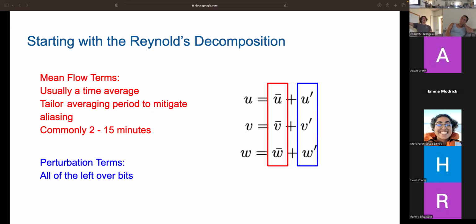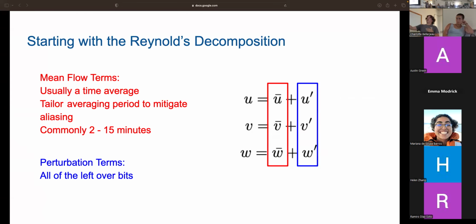So Reynolds decomposition. Again, we get a velocity estimate in our U, V, W coordinates. Generally what we'll do is use a time average, because either it's a stationary point and so spatial isn't great, or we're dragging it. If you're not going at a consistent speed, it's really hard to get an actual spatial average of things.